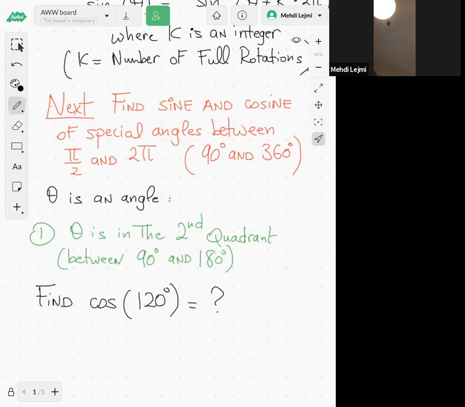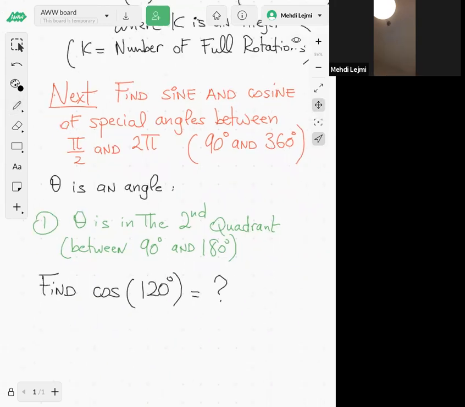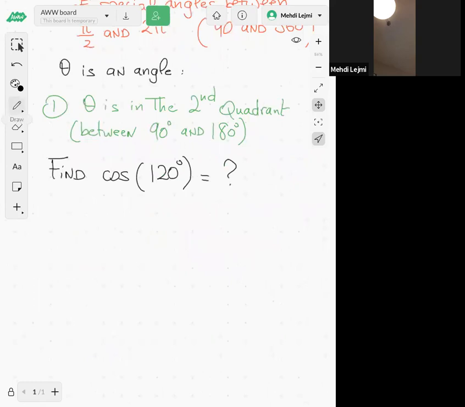So there are 2 steps, guys. To find cosine of 120 degrees, the first step, step 1, we're gonna use the reference angle. So we need to find what I call the reference angle.